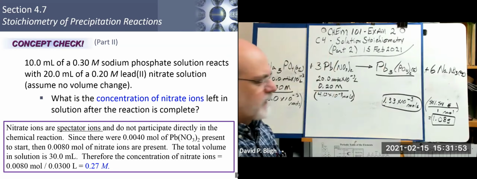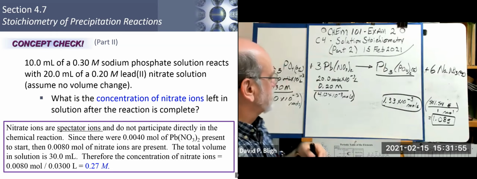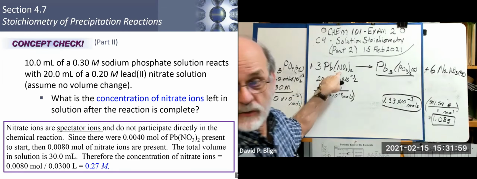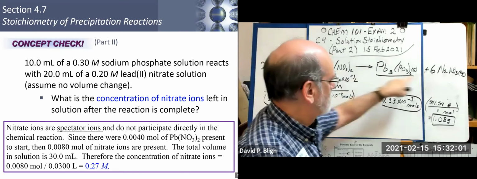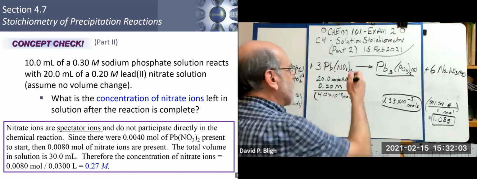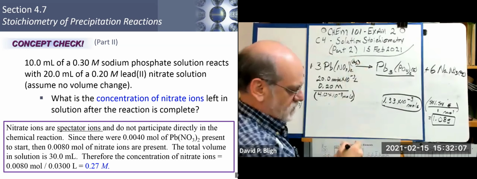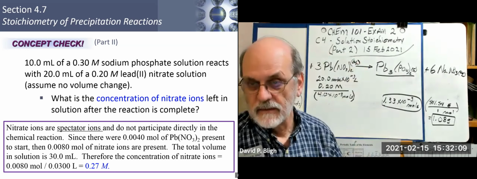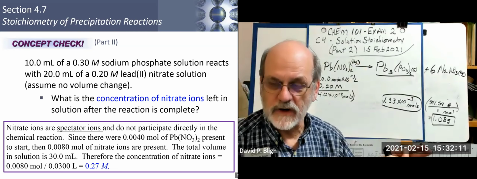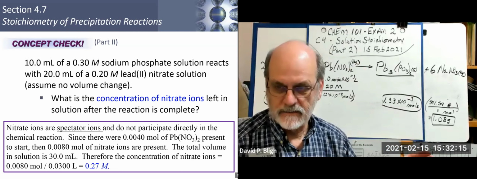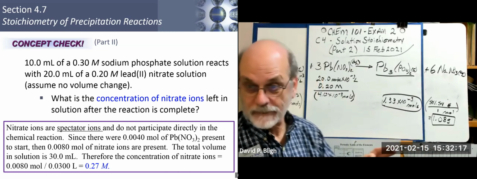Okay. What do we know about nitrate here? Nitrate's on both sides of the reaction. And in each case, it's soluble. So the nitrate ions you start with are the same nitrates you end with. Right?